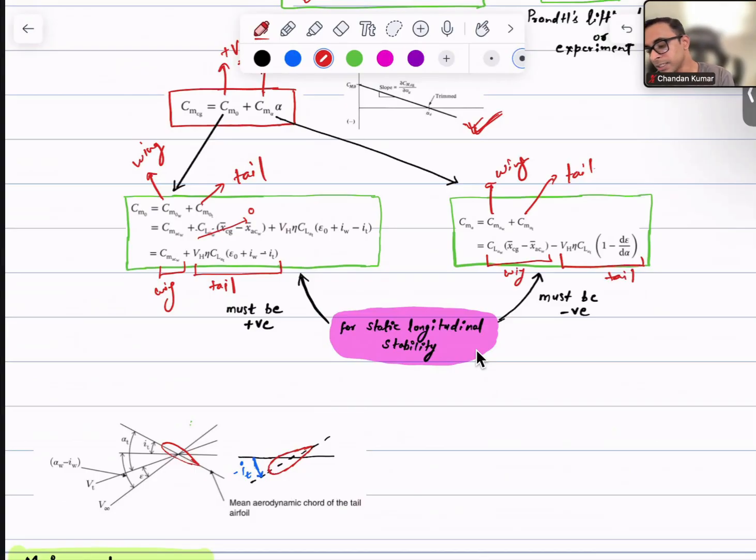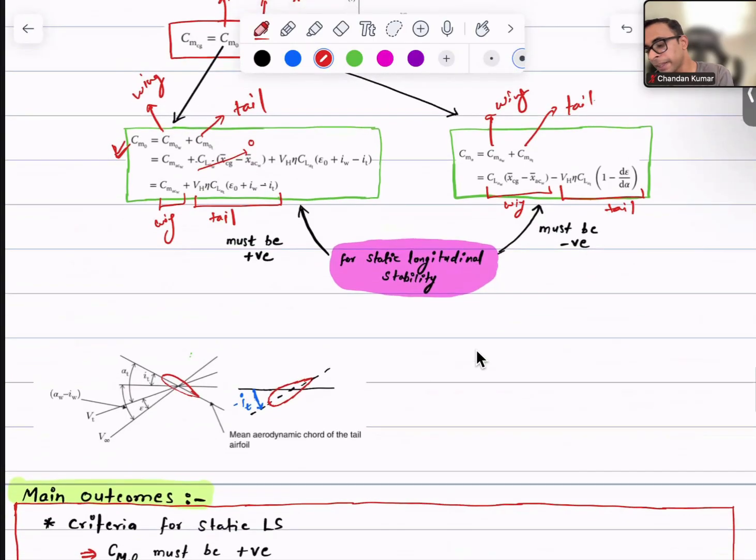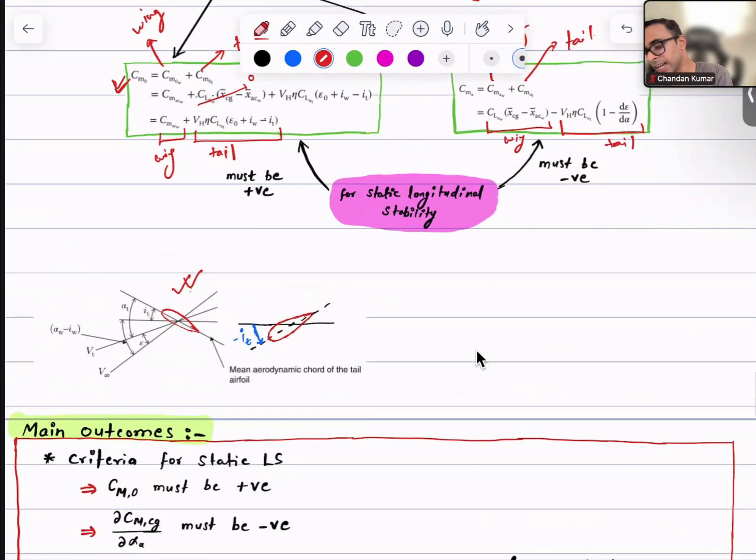Now to have stability, we want this particular CM0, which is the moment about the center of gravity at zero angle of attack, to be positive. To have it positive, if we have this iT very large, and we considered iT when we were deriving our equation as positive, we end up with this equation.